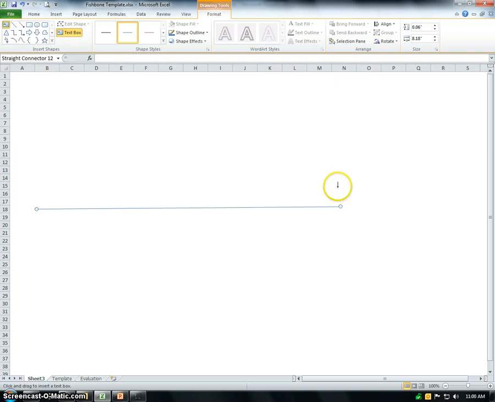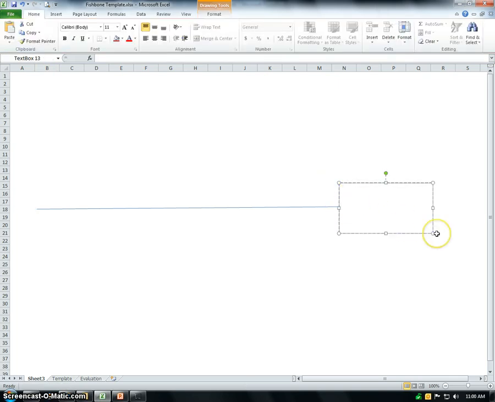And I'm going to insert a text box. I'll make that the head of my fish. And in that text box, we're going to put what the effect is. In other words, what happened that we're trying to study.